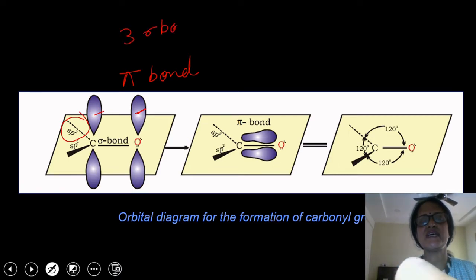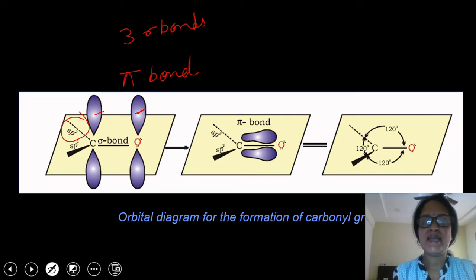So we can see that all the 3 sigma bonds lie in one plane and the pi bond consists of 2 lobes. These 2 lobes are present above and below this plane. In addition, oxygen atom consists of 2 lone pairs of electrons, we can see here. These lone pairs of electrons are also called unshared pairs of electrons.